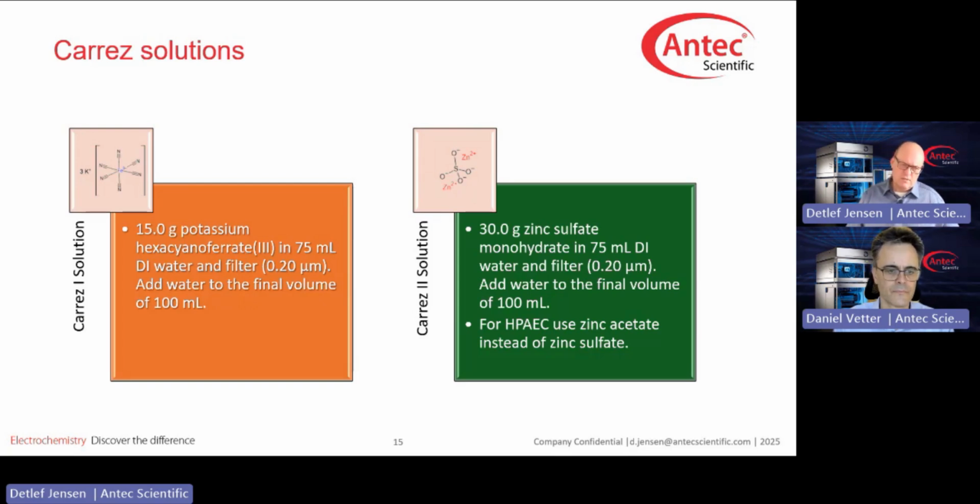So Carrez solutions, as I said, Carrez 1 is potassium hexacyanoferrate, Carrez 2 is zinc sulfate. Now the trouble with sulfate is that under the conditions of carbohydrate separation, sulfate is a divalent anion. And as a divalent anion, it has a strong interaction with the stationary phase.